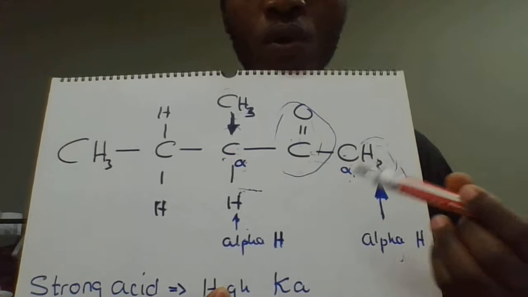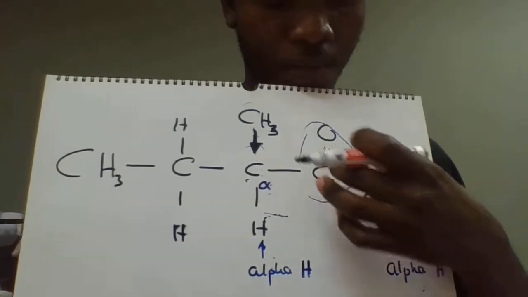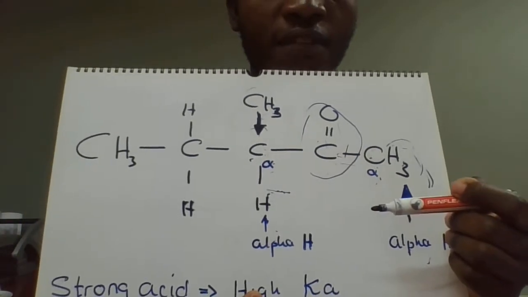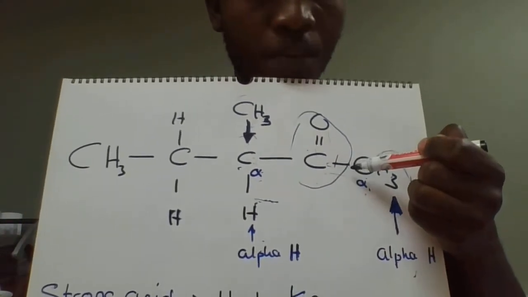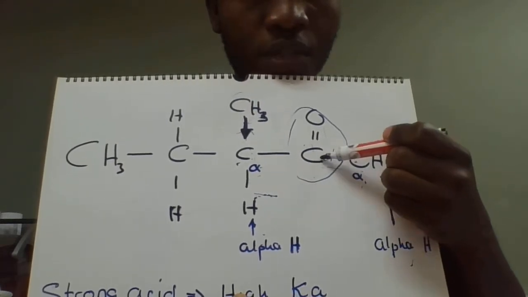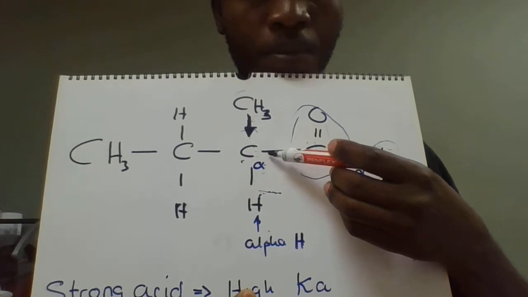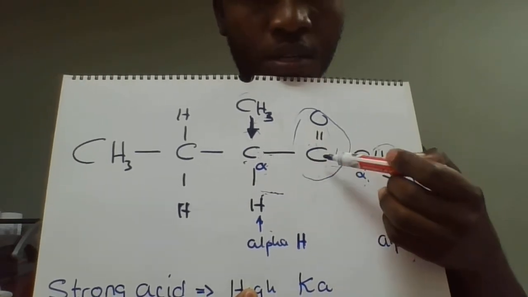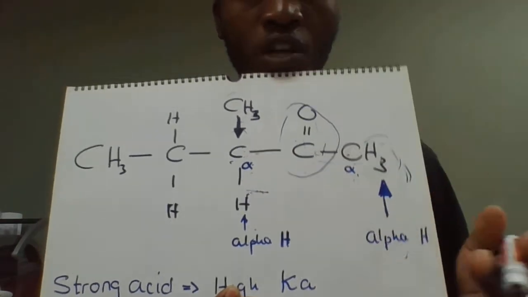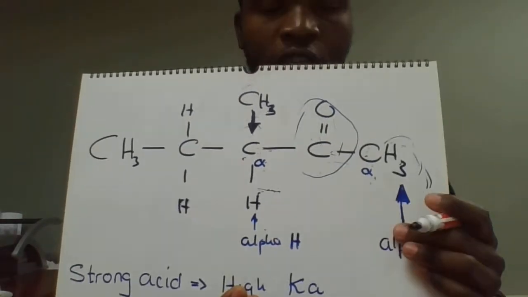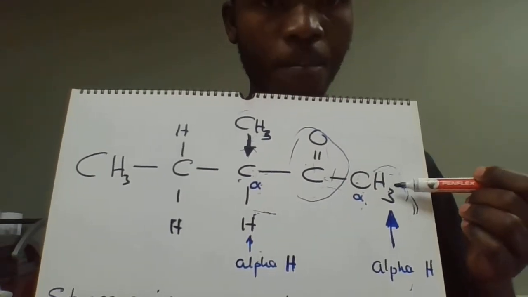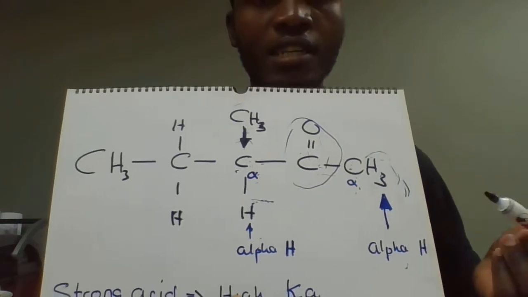This carbonyl group has what is called a negative inductive effect, meaning it can pull electrons away from this carbon and also from this carbon, leaving these alpha carbons with a partial positive charge.